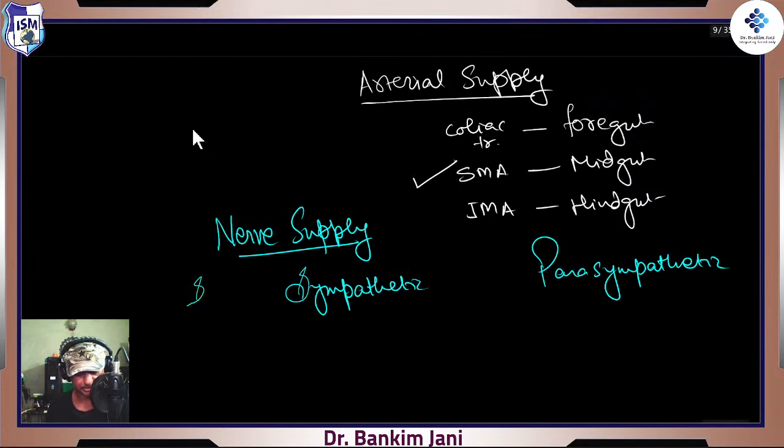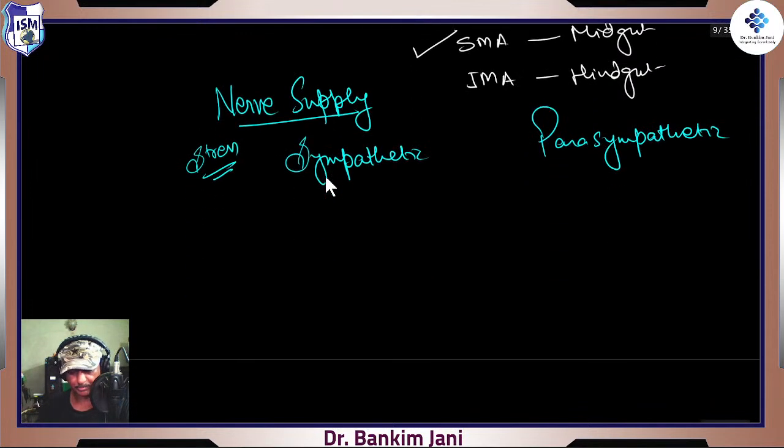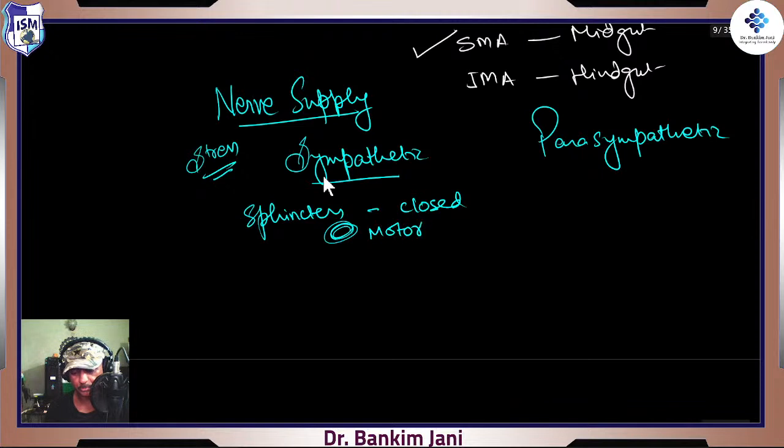At that point our muscles need a large amount of blood and not the digestive system. So in case of sympathetic, the sphincters should be closed. Sphincters are associated with those circular muscles, so it is motor to those muscles.